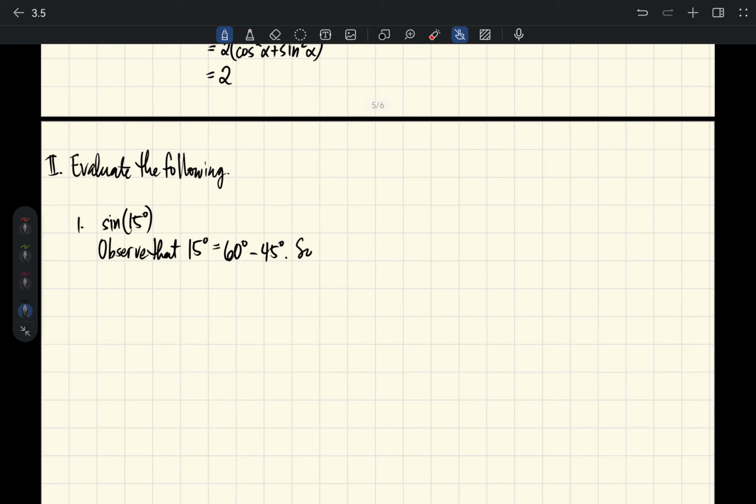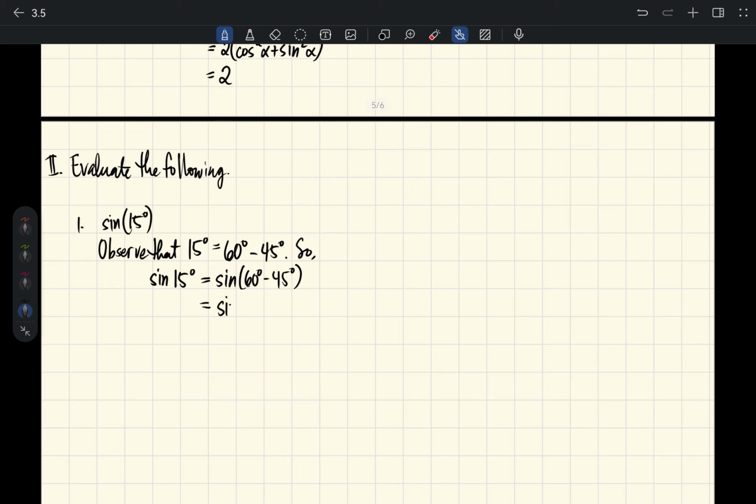So we can make use of the identities that we know. Sine 15 degrees is just sine of 60 degrees minus 45 degrees. And here you have a difference of 2 angles. So we will use the difference identity for sine.